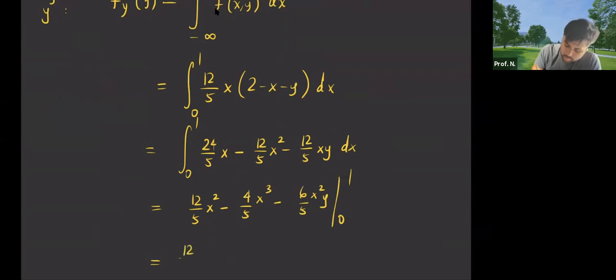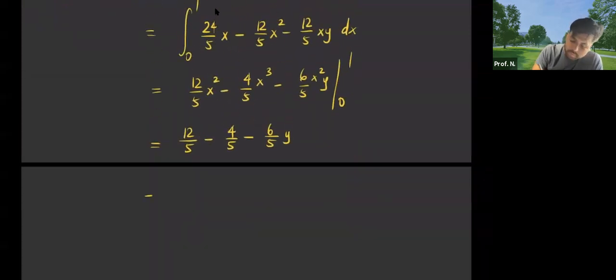So I get 12/5 minus 4/5 minus 6/5 y. Subtract this and you get 8/5 minus 6/5 y.